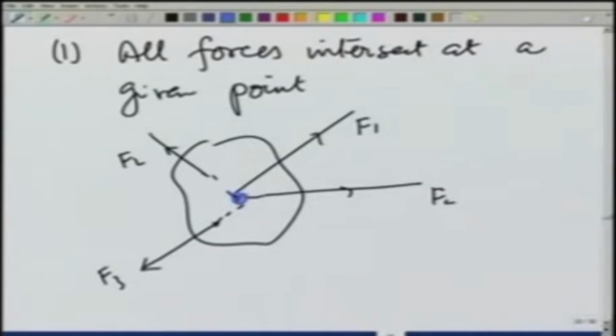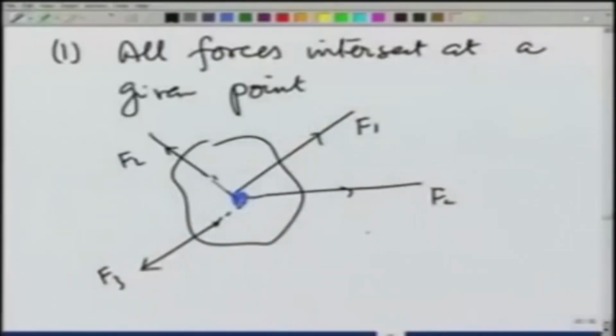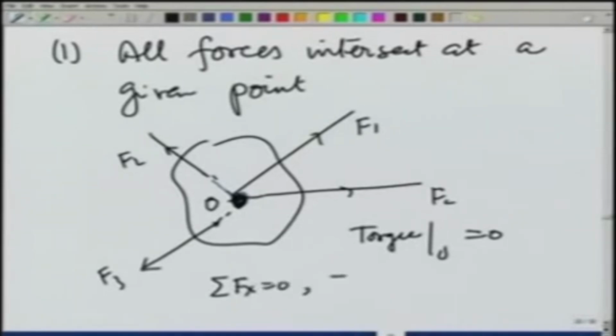Let me show this point here like this. They all intersect at this point. In that case, the condition that torques be 0 becomes irrelevant, because if I take the torque about this point O where they intersect, the torque would be 0 for all the forces, and therefore, the only equilibrium conditions I require are summation f x is equal to 0, summation f y is equal to 0, and summation f z is equal to 0.